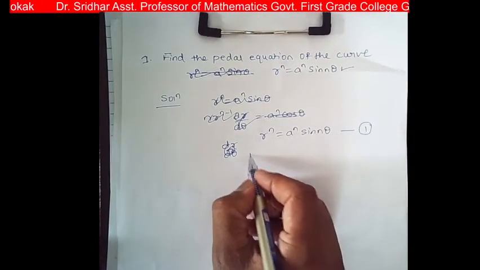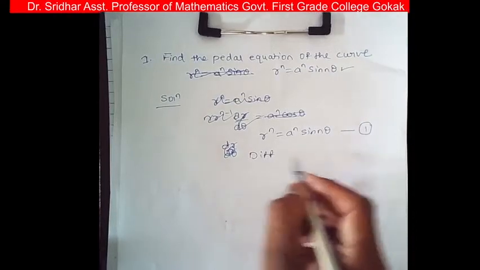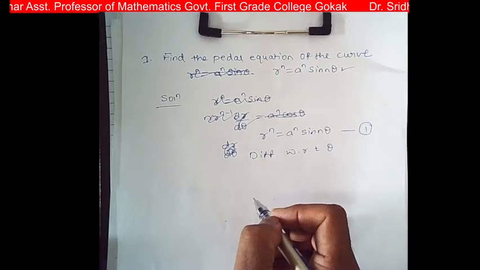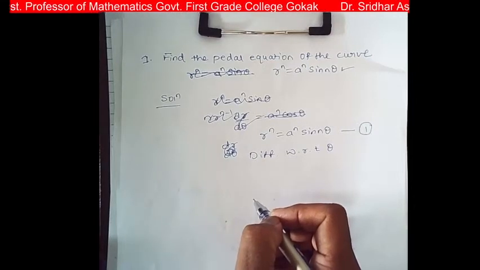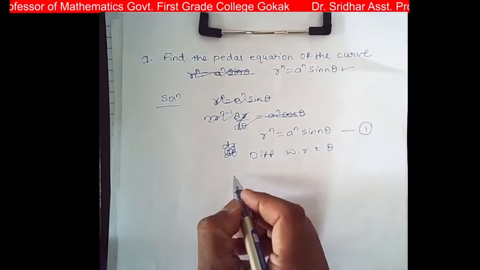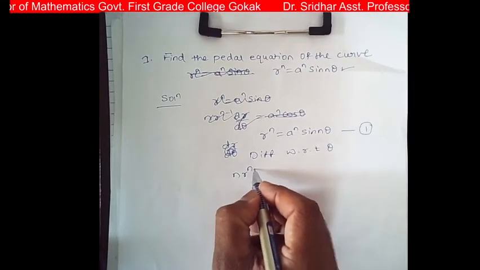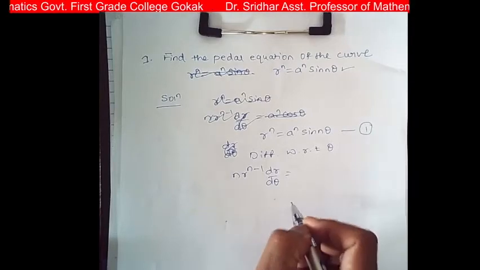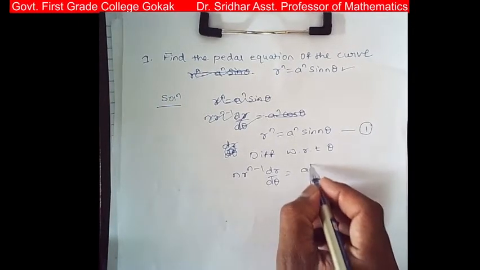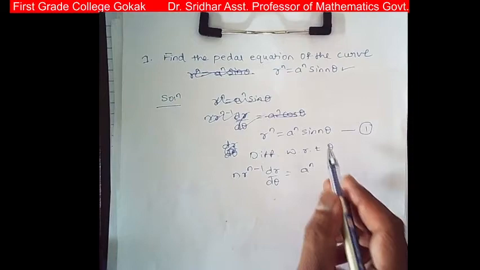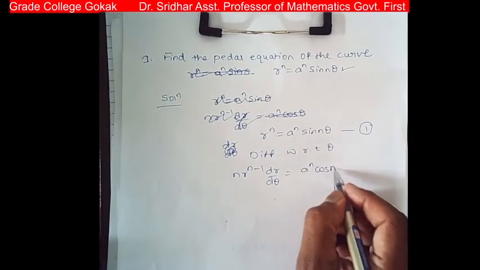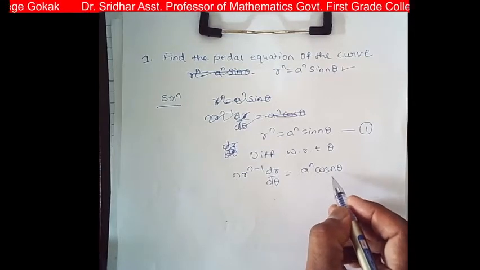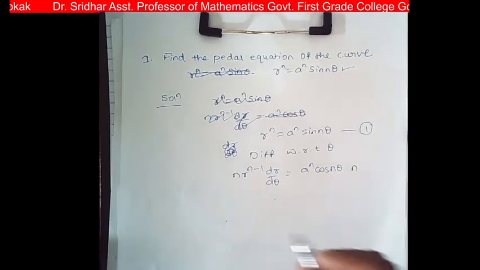Now differentiating with respect to theta, it gives n into r raised to n minus 1 dr by d theta is equal to a raised to n constant, differentiation of sin n theta is cos n theta. Then applying chain rule, differentiation of n theta is n.